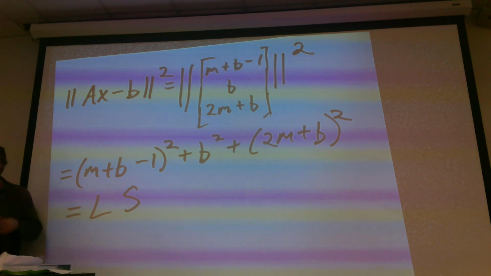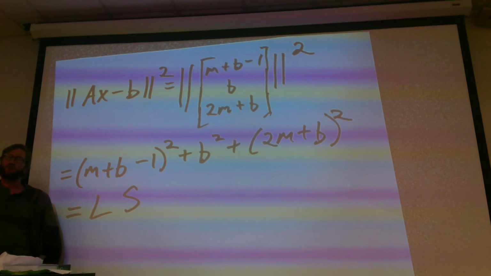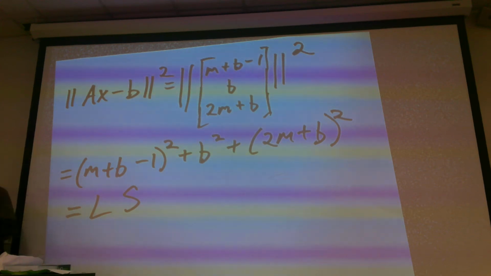Now you have a function of two variables. So what we're going to do is take partial derivatives of this thing.